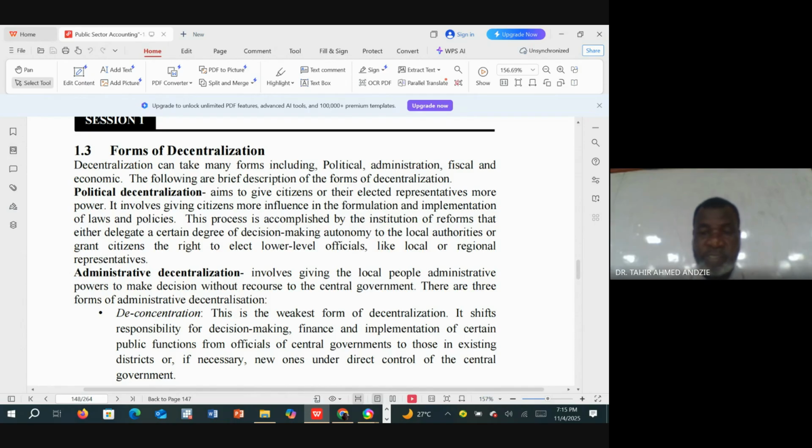Even for the political appointee, the assembly is given the power to name about three or four people, and the government will appoint one for them. So the person being appointed as chief executive is a nominee from the district. The government does not impose it on them, even though that is a political appointment.